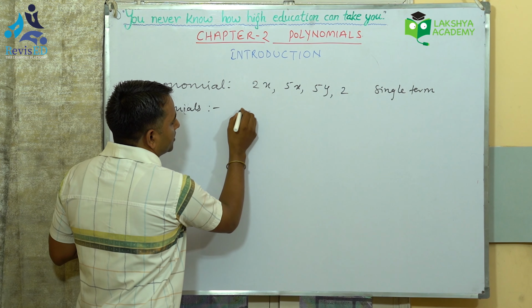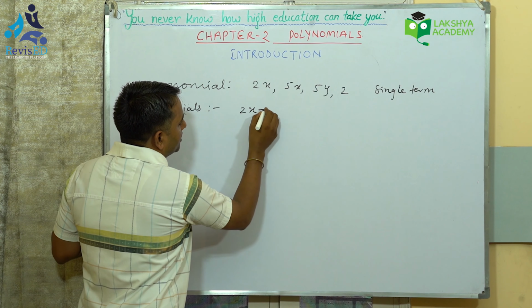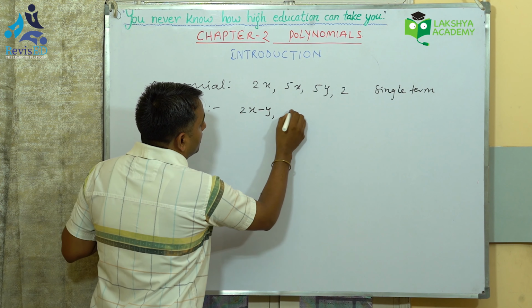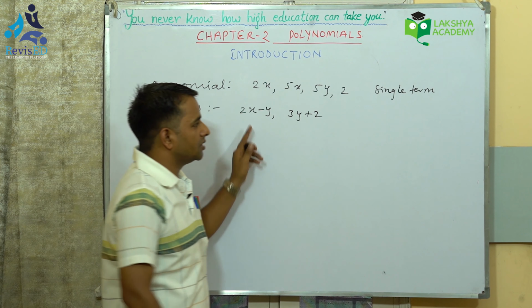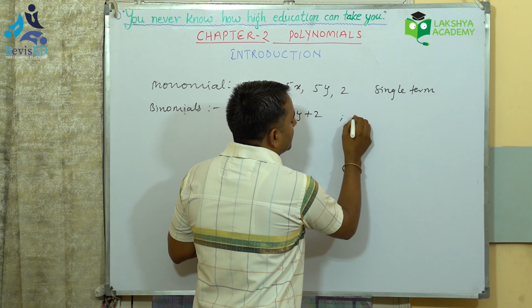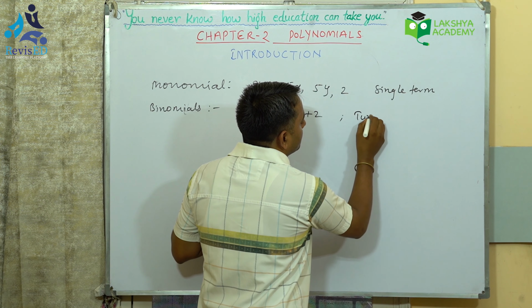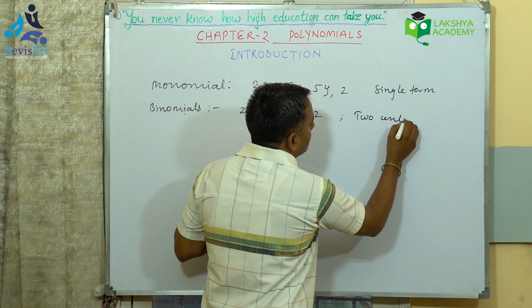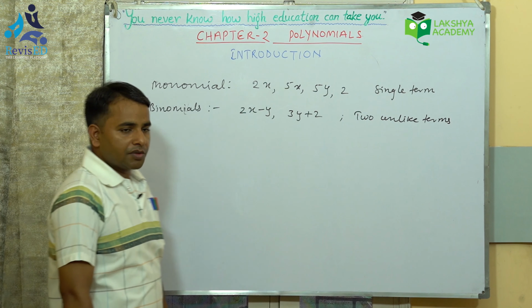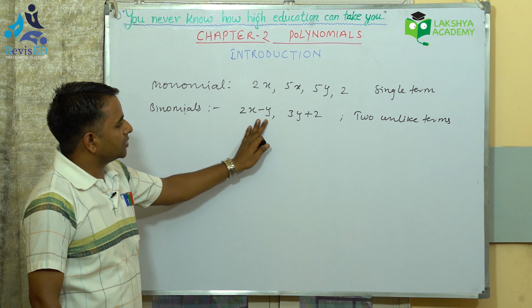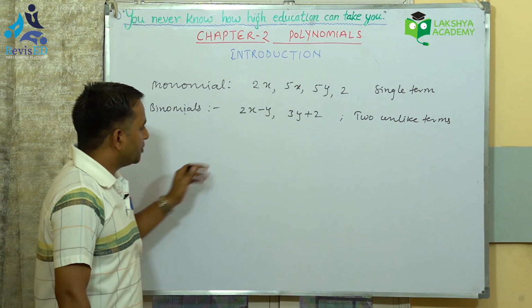Binomials having two terms like 2x minus y or say 3y plus 2, this type means they are the two terms. So two, they are the unlike terms. Means polynomials having two unlike terms. Two unlike terms, they are the binomials.